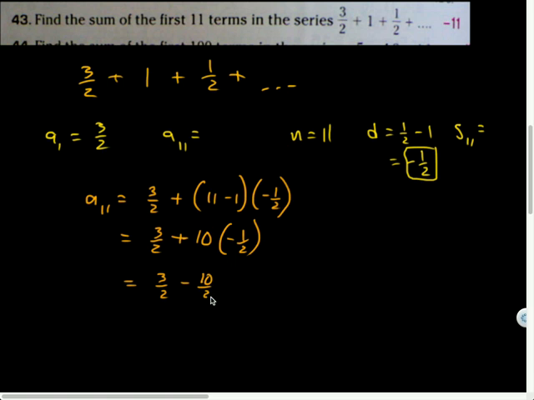Negative 7, so -7/2. Oh, that fraction bar turned into the 2. There we go. So there's that.